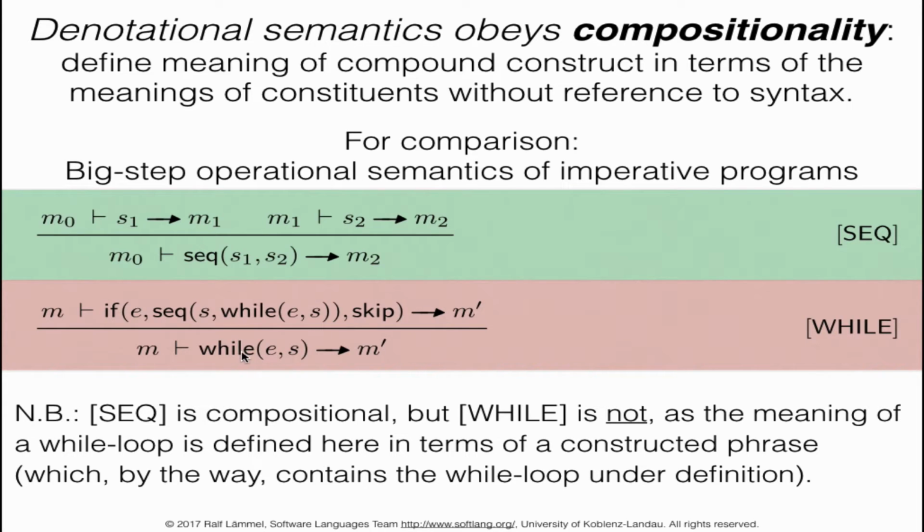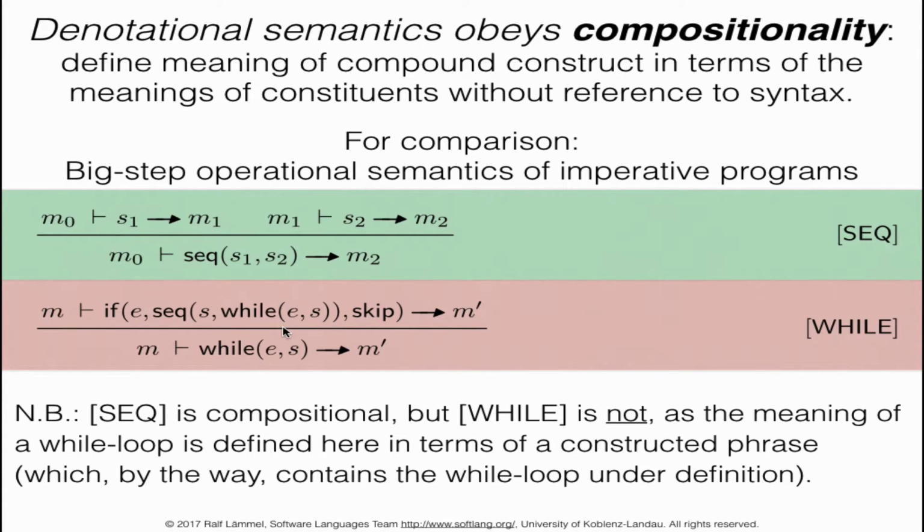However, here we define the meaning of a while loop with a condition E and a loop body S. We define it not in terms of the meaning of E and S. Rather, we define it in terms of the meaning of some compound statement, which happens to include the same while loop again. So this is not compositional.